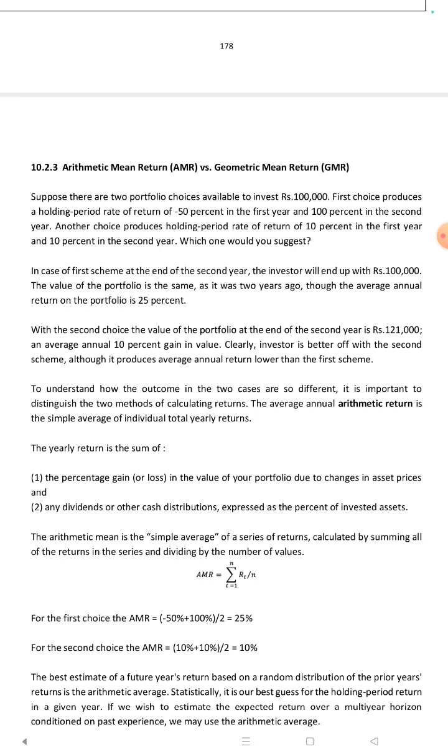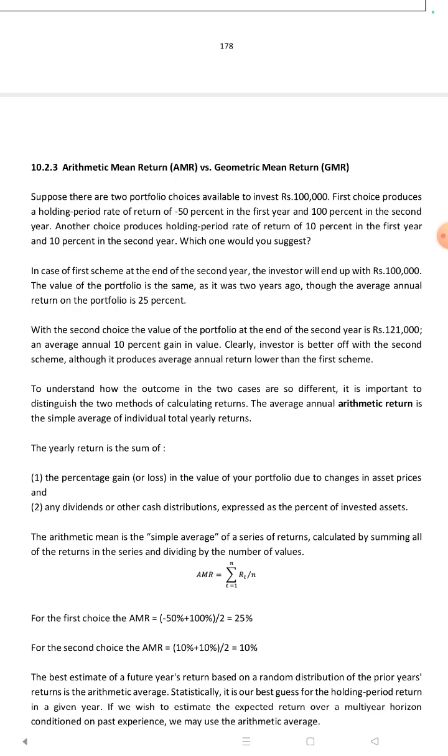With the second choice, the value of the portfolio at the end of the second year is 1,21,000, an average annual 10% gain in value. Clearly, the investor is better off with the second scheme, although it produces an average annual return lower than the first scheme.